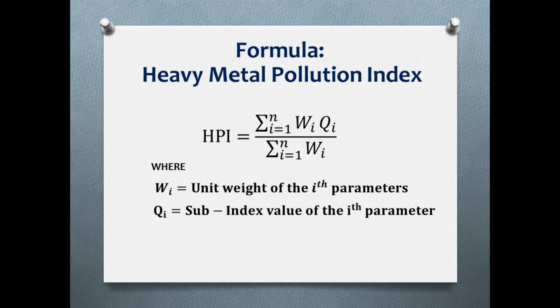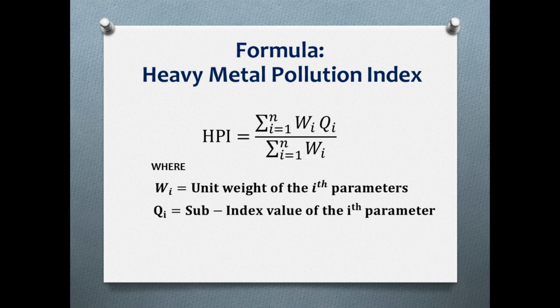The HPI formula is given as HPI equals the summation of Wi times Qi divided by the summation of Wi, where Wi stands for the unit weight of the ith parameter and Qi is the sub-index value of the ith parameter.